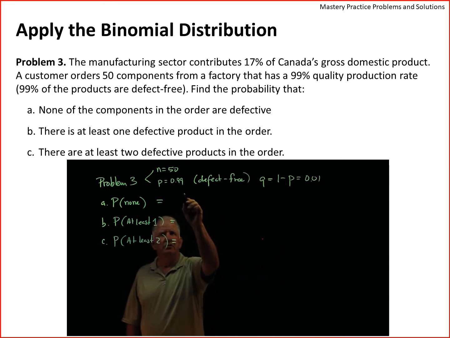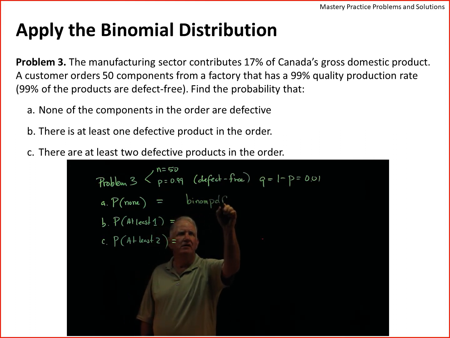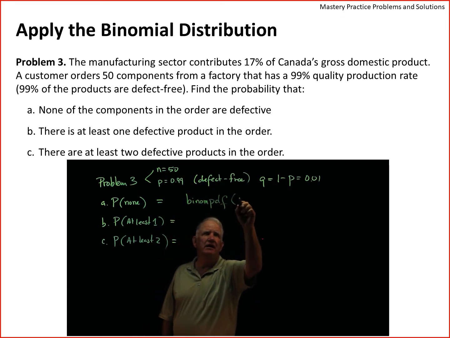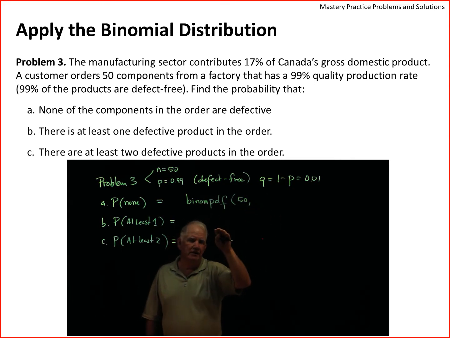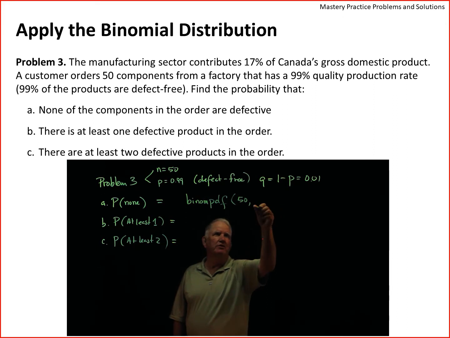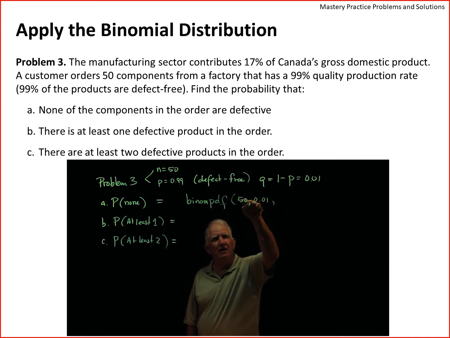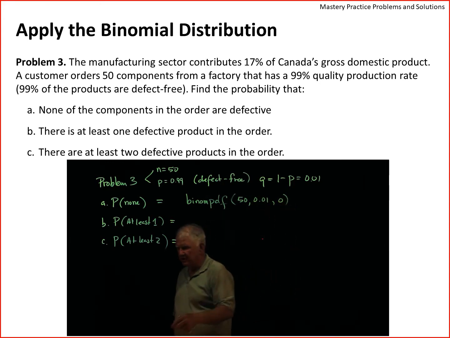So since I'm looking for exactly some number, I'm going to be dealing with the PDF. It's always P(X) for 50, but the probability in this case that I'm interested in is the defect probability, 0.01. And I'm interested in a lot of 50 with this defect probability. What's the probability that I see 0?